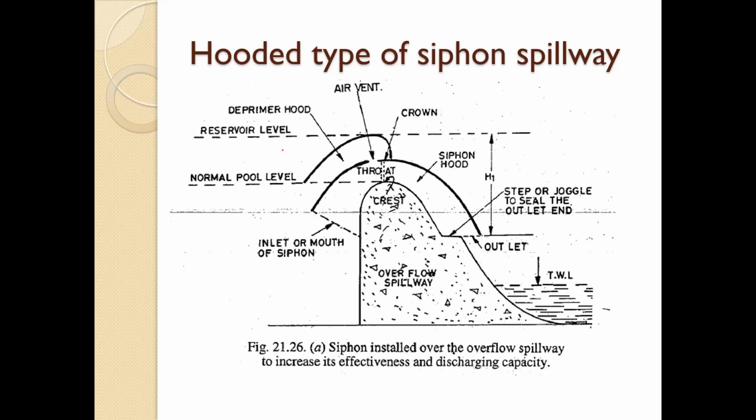The inlet of the deep primer hood is kept at normal pool level, and again the same thing is there, like we have seen in the earlier case. So the action is the same, and even the results are the same. The only thing is this looks like a hood, that's why it is called a hooded type siphon.